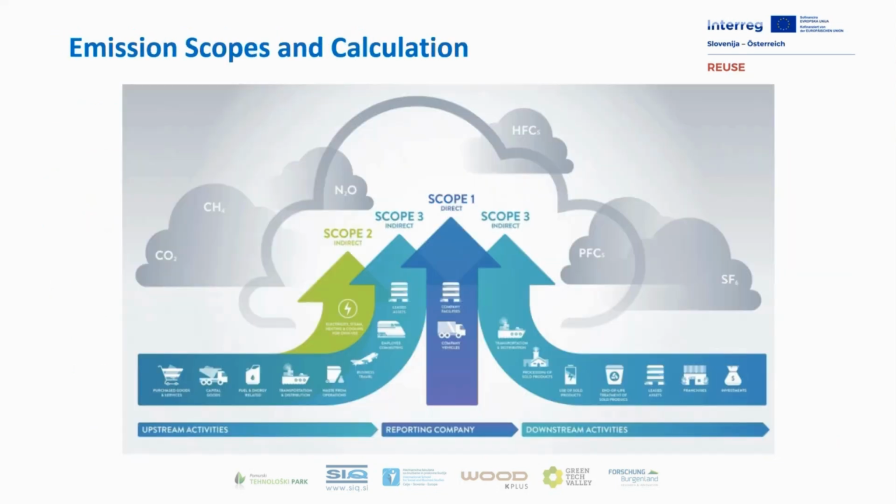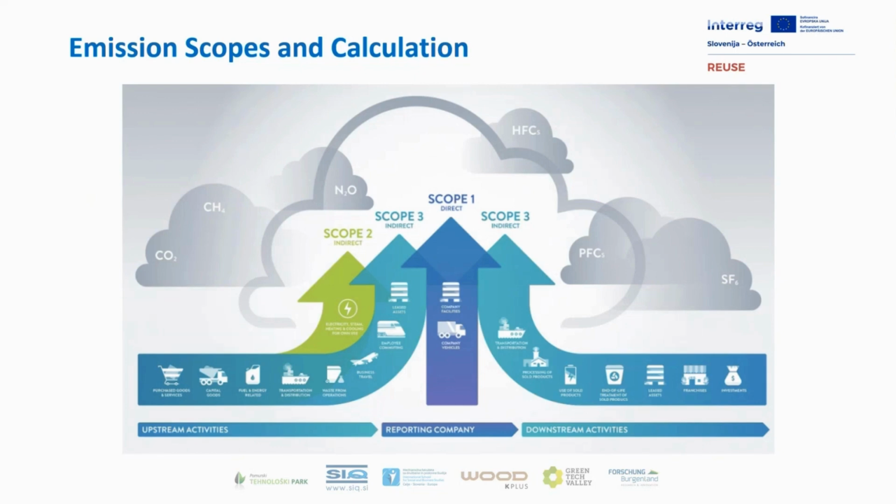So to better understand carbon footprinting, it is useful to categorize emissions into three distinct scopes as defined by international standards such as the GHG Protocol. The first one are direct emissions, or Scope 1.